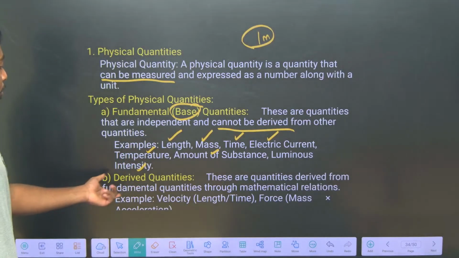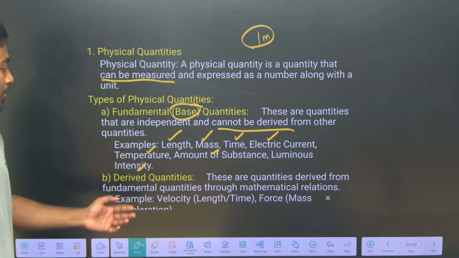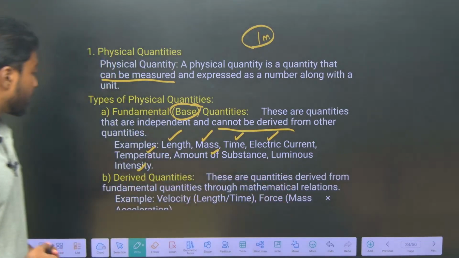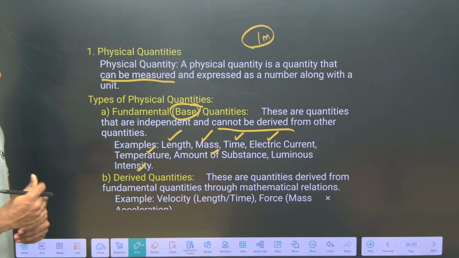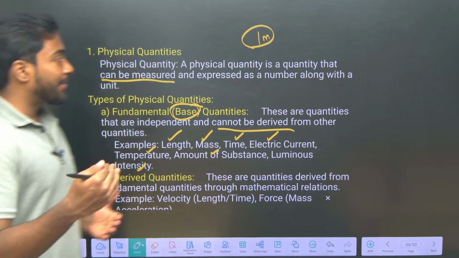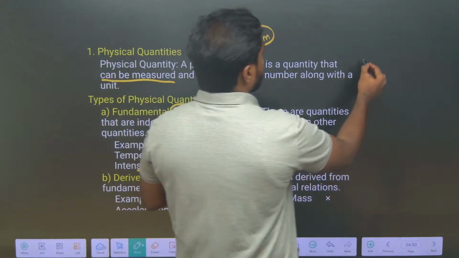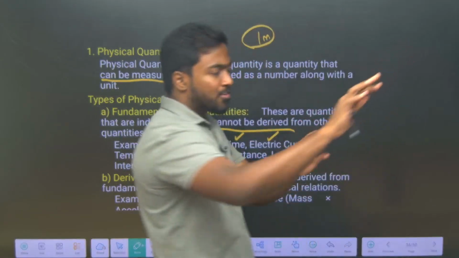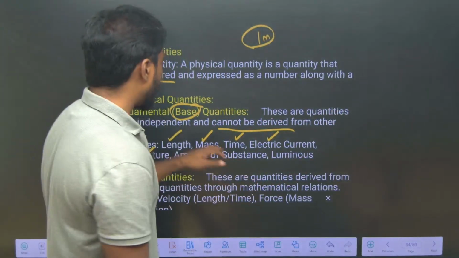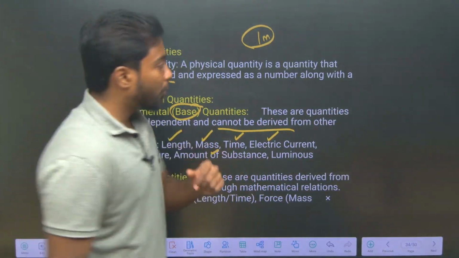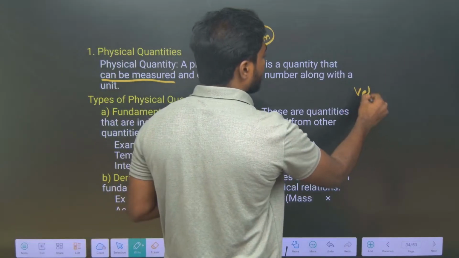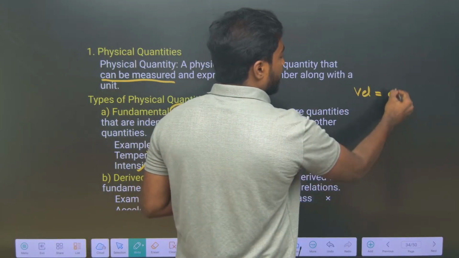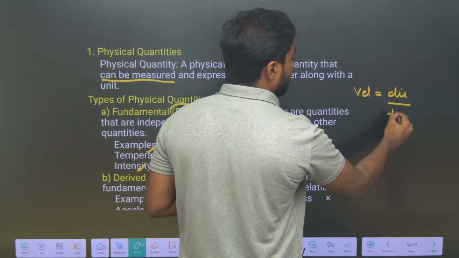When we talk about derived quantities, these are the quantities derived from fundamental quantities through a mathematical relation. For example, displacement is a length, but velocity is nothing but displacement by time.